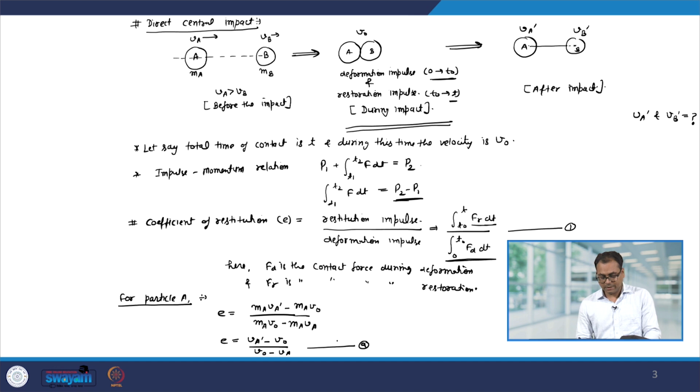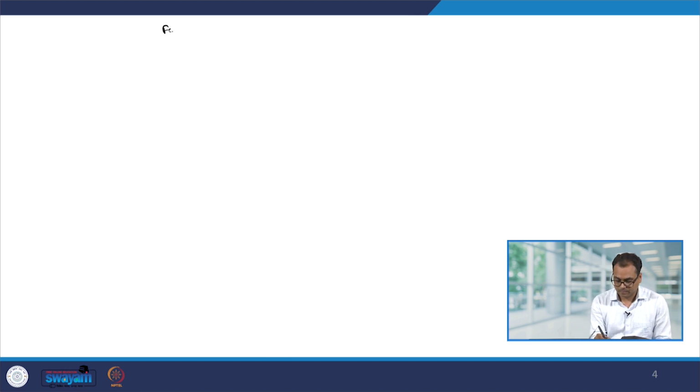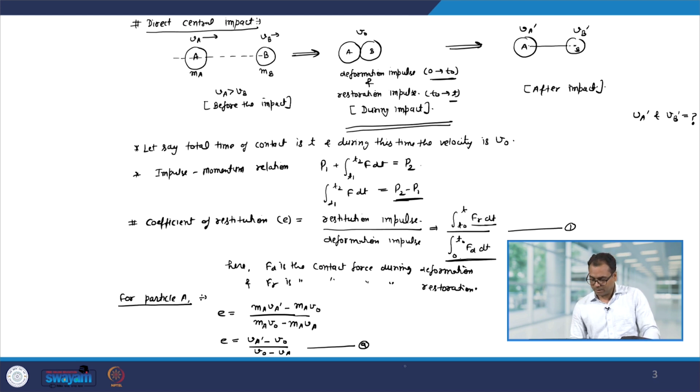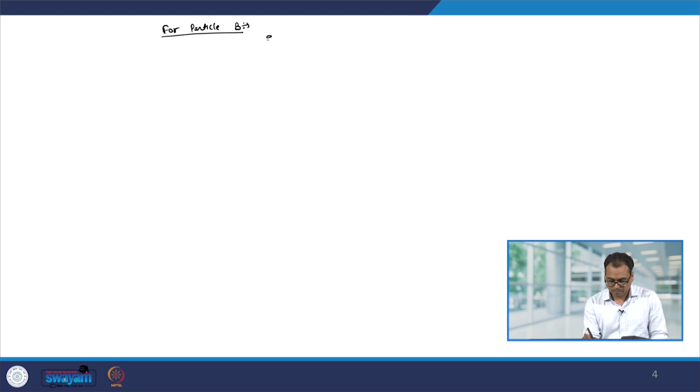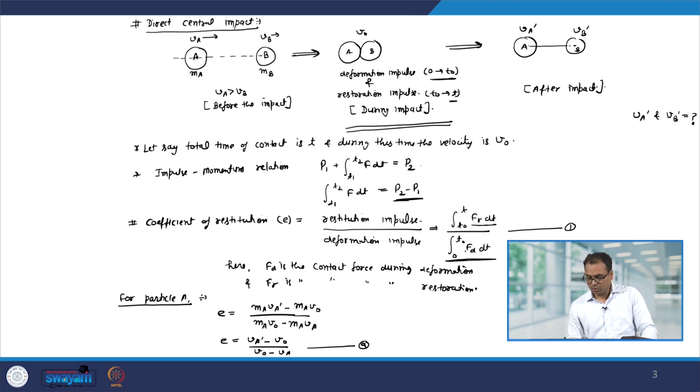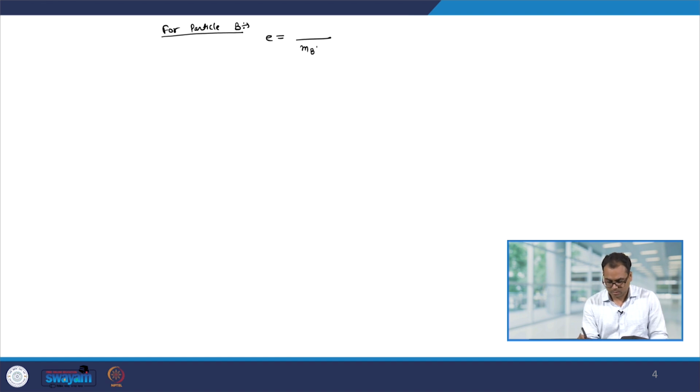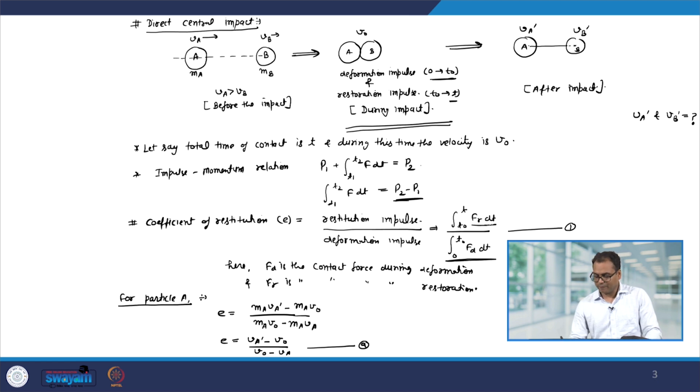Now, let us use the same definition for particle B. So, for particle B, we have E equal to 0 to t0 F_d dt. So, F_d dt will be P2 minus P1, and P2 is the momentum after the deformation. So, that is m_B V_0 minus the initial momentum m_B V_B, it was travelling with velocity V_B, and here I have F_r dt.